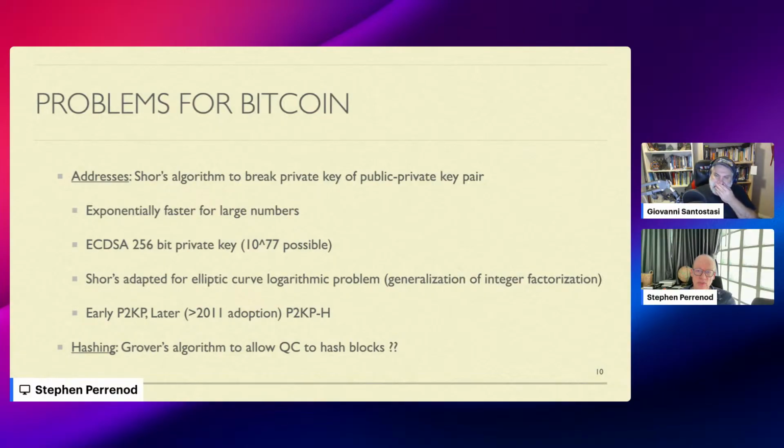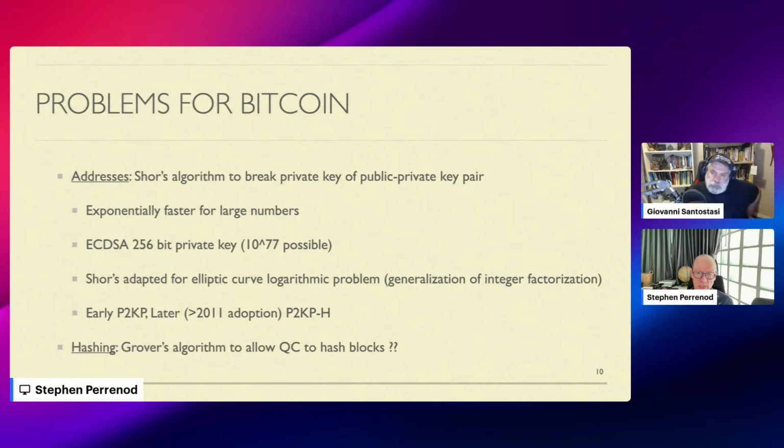Shor's algorithm is exponentially faster for larger numbers than a classical computer would be. Right now, the keys that are used in Bitcoin are elliptic curve digital signature addresses based on a 256-bit private key, which has 10 to the 77 possibilities.